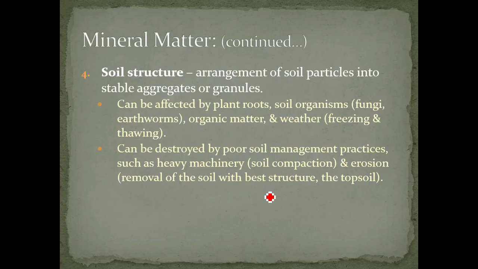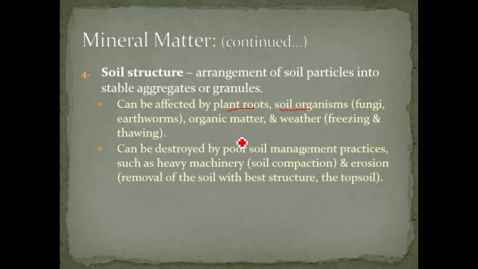This is one of the things that we do when we till soil: we drive tractors and heavy machinery over it all the time, and we compact it and change the soil structure. You want as much air and water space in there as possible. One of the things that affect soil structure is plant roots growing through the soil, some of the soil organisms, the fungi with their mycelium, earthworms, how much organic matter you have, and weather.